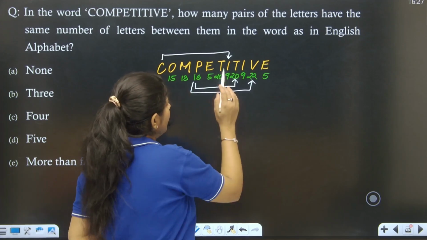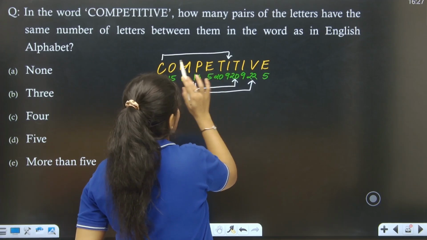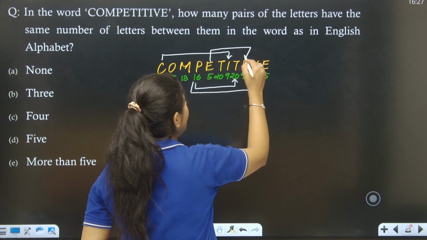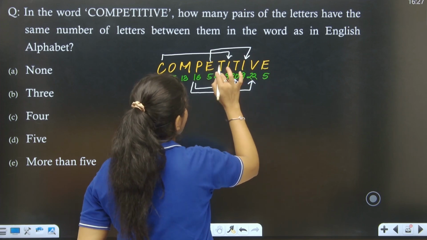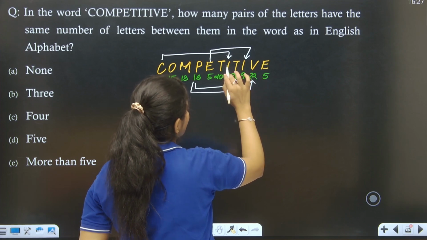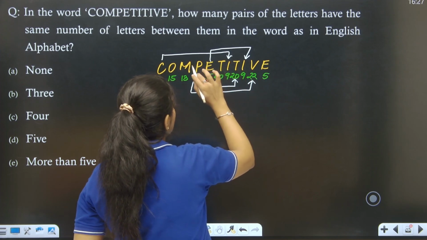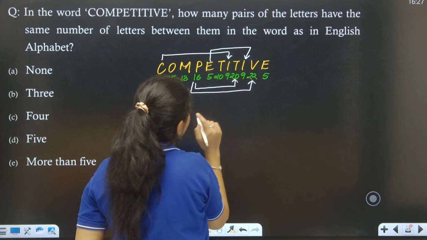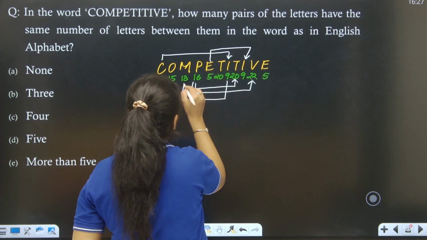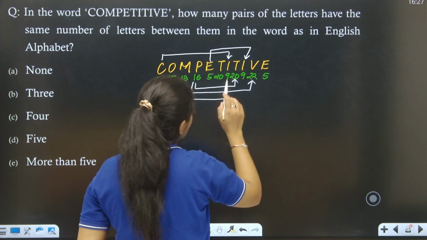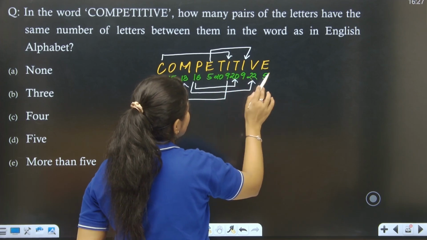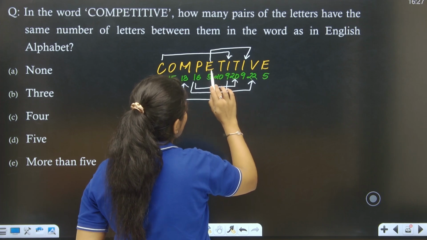Okay. Next 5, 6, 7, 8, 9. 10, 11, 20, 21, 22. 9, 10, 11, 12, 13. Pair over here. Okay. 14, 15, 20, 21, 22.